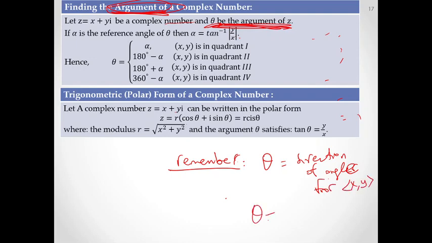But now it's the argument of x plus yi. We find it the same way. But in complex numbers, it's the argument of x plus yi, and here it's the direction of xy, the vector xy.